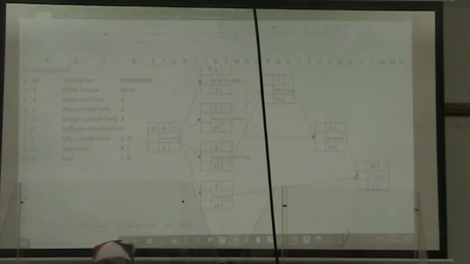All right, that propagates through all the early start times. The early finish time of our first activity is the early start time for each subsequent activity.